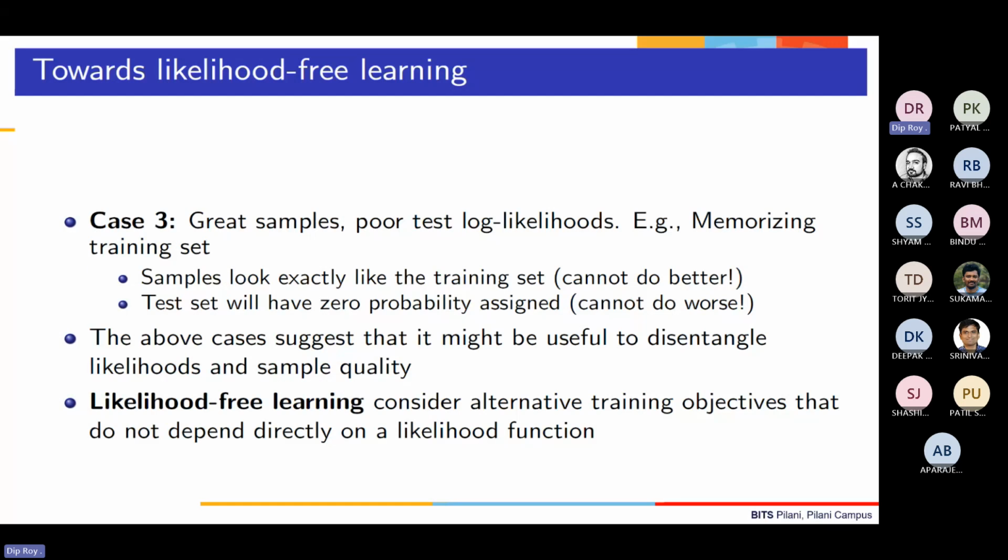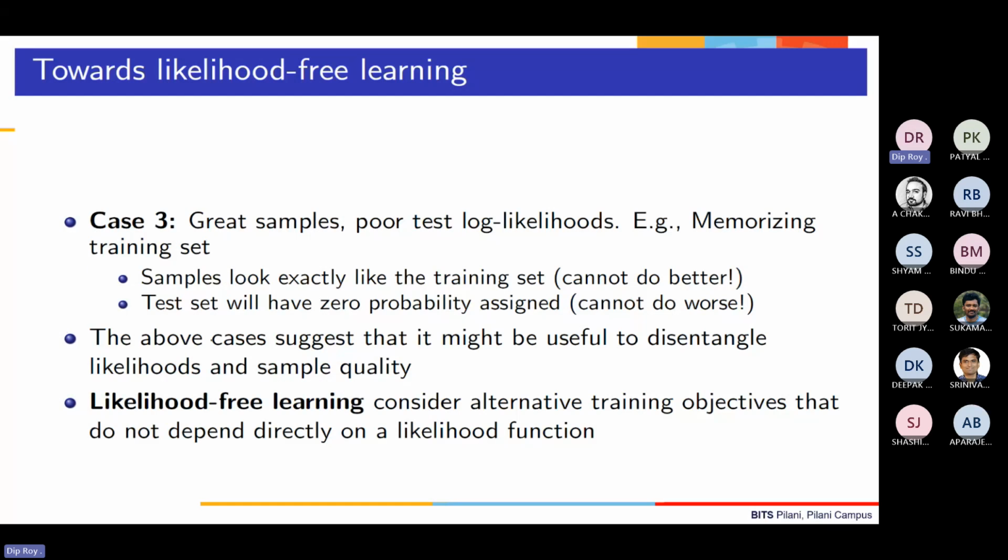So the earlier case was good log likelihood, poor samples. This is basically the reverse case. Great samples, but poor log likelihood. And now you see that the test set has zero probability assigned to it. So the whole discussion for the last 45 minutes is revolving around the fact that the above cases suggest it might be useful to disentangle likelihood and the sample quality.